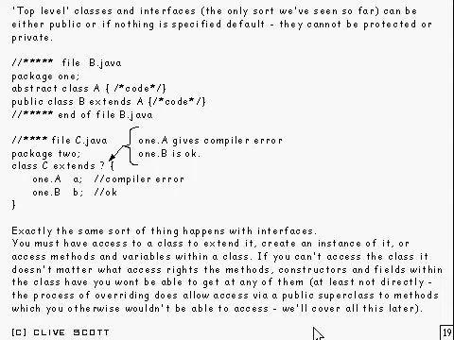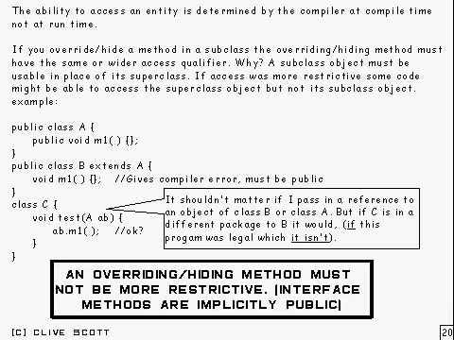So it does the right sort of thing, so you don't really have to worry about that. The ability to access an entity is something which is determined by the compiler at compile time. It's not something that's worked out at runtime. And that's something to bear in mind if you're trying to work out whether you can access something or not.